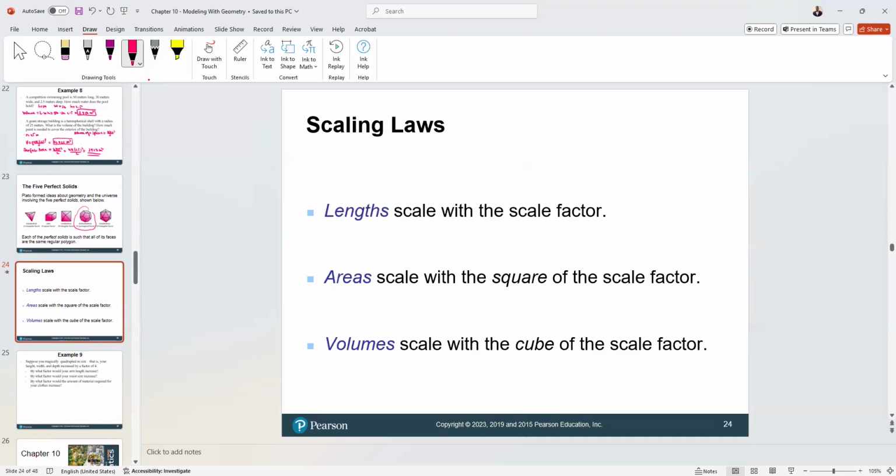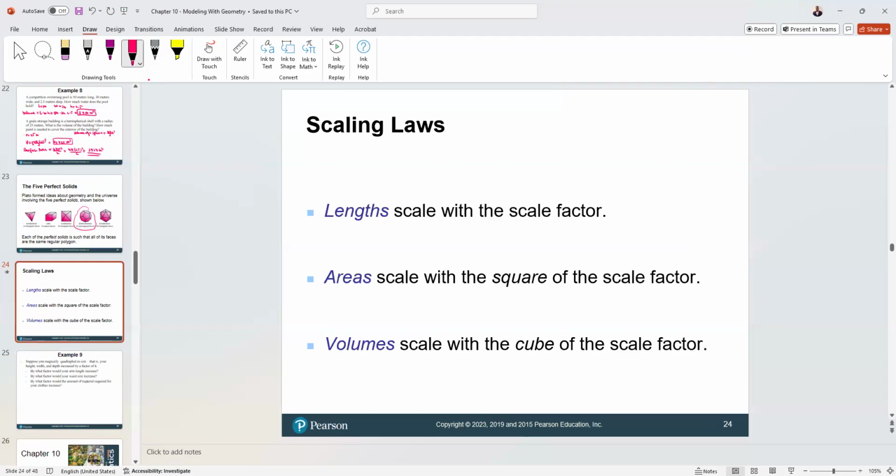As we saw earlier, scaling is the process by which a real object is modeled by a similar object whose dimensions are proportionally larger or smaller. So it's like you have an SUV, and you can have the same SUV as a small vehicle, but with different dimensions.